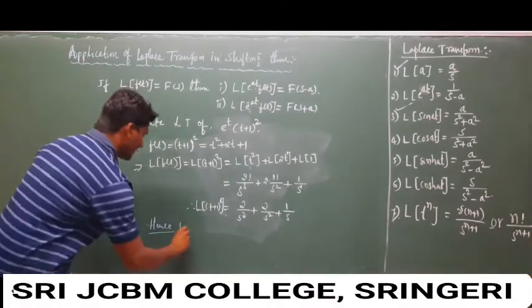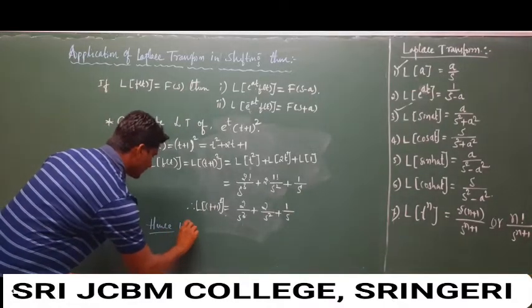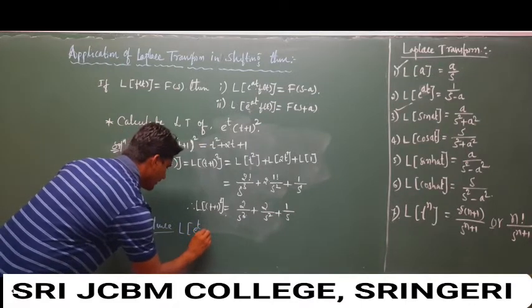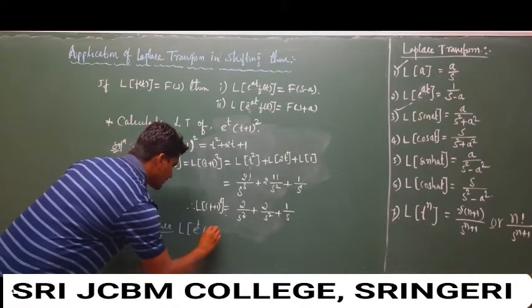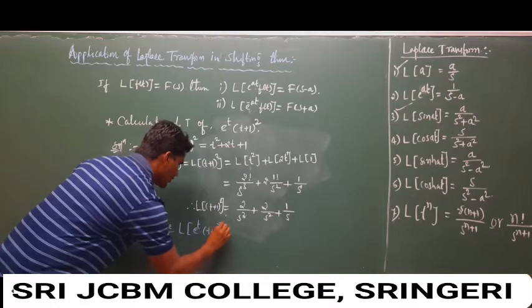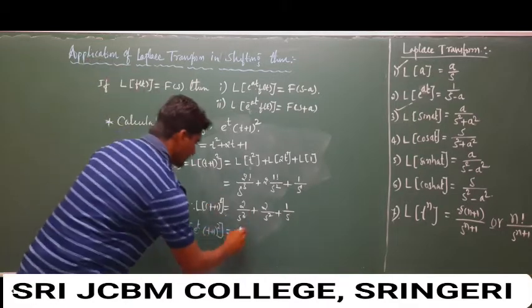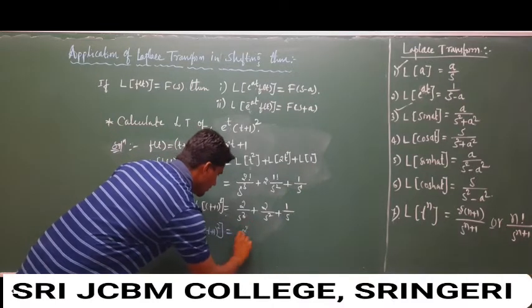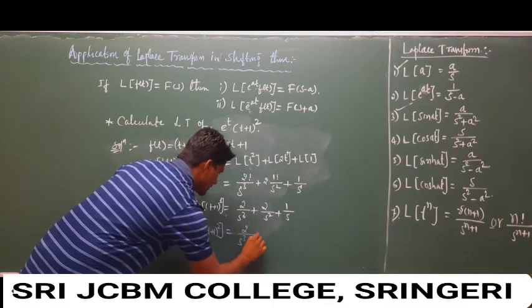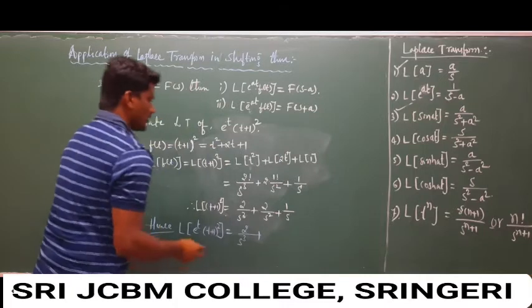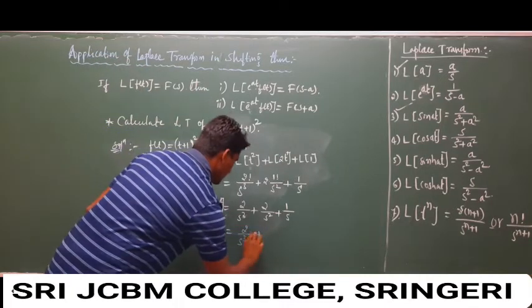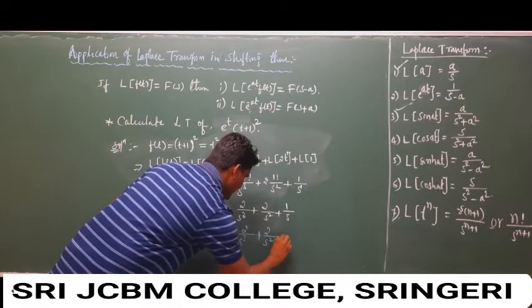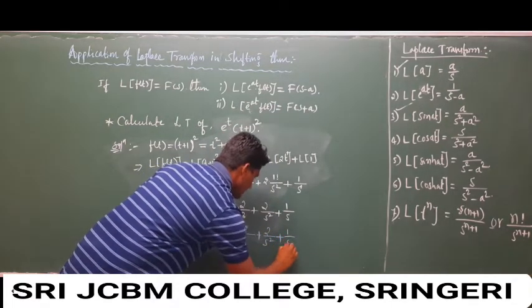So e to the power at times t plus 1 whole square, and we calculated the f of t value as 2 over s cube plus 2 over s square plus 1 over s.